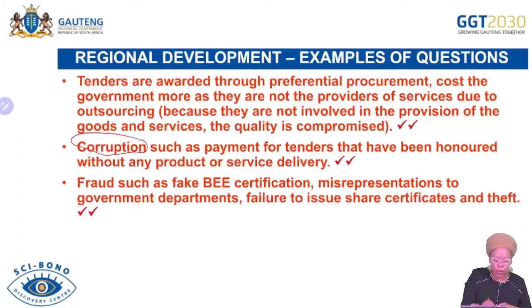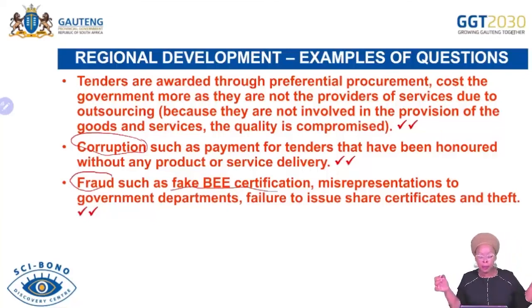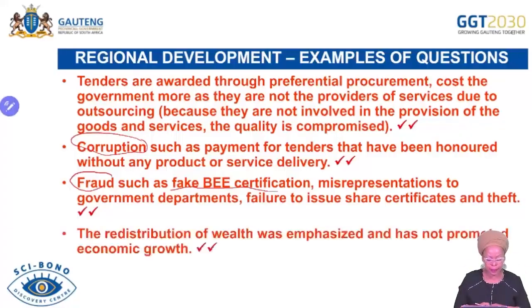Fraud also is a problem, such as there are businesses which are able to get fake BEE or triple BEE certification, or they misrepresent government departments, or there's also failure to issue share certificates, and there's also theft of the money that is allocated to regional development.